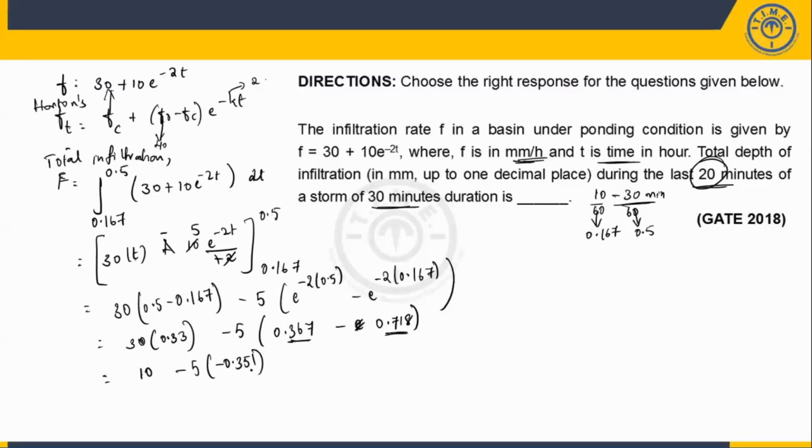So tell me how much is 5 into 0.351? 1.755. So 10 plus 1.75, how much is it then? 11.75.